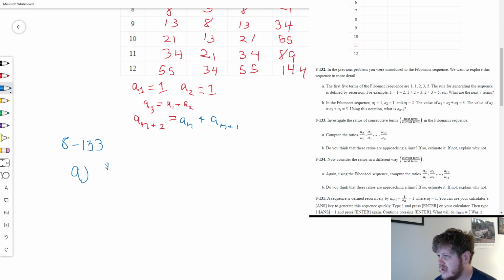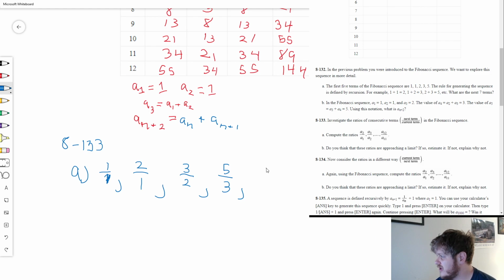So if we write it out, we have 1 over 1. And then we have 2 over 1. And then it would be 3 over 2. And then next would be 5 over 3.